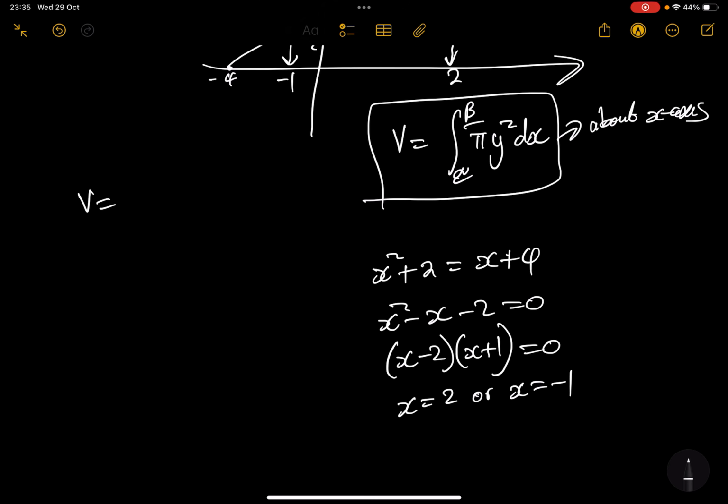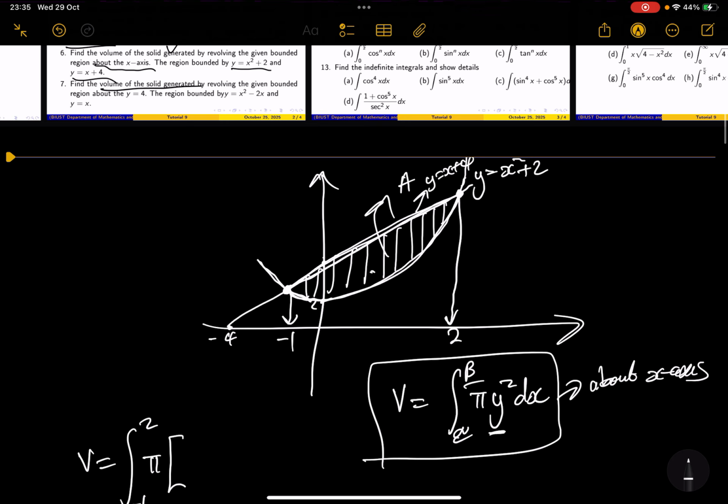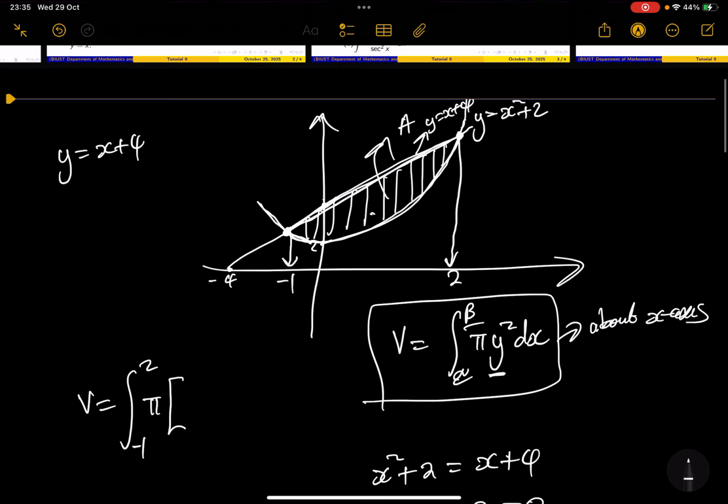So your volume is going to be the integral from -1 to 2 of pi times y squared. The first y squared is for the one above. We know that for the line, y is equal to x plus 4, right? But what is y squared? We need to find y squared.